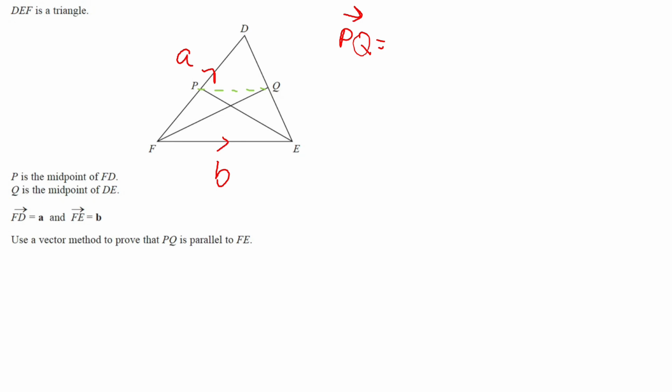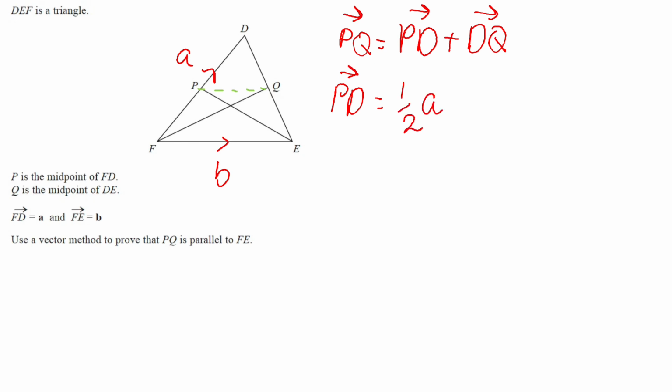So the route I'm going to do is P to D plus D to Q. That means I know that I need to find these two vectors and add them together so that I get P to Q. Now, P to D, we have been told that P is a midpoint on F to D. So P to D is just going to be equal to a half A. So that one's nice and straightforward.